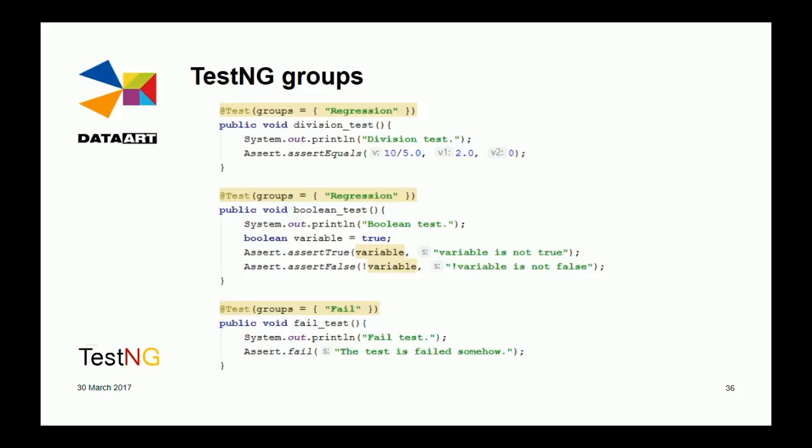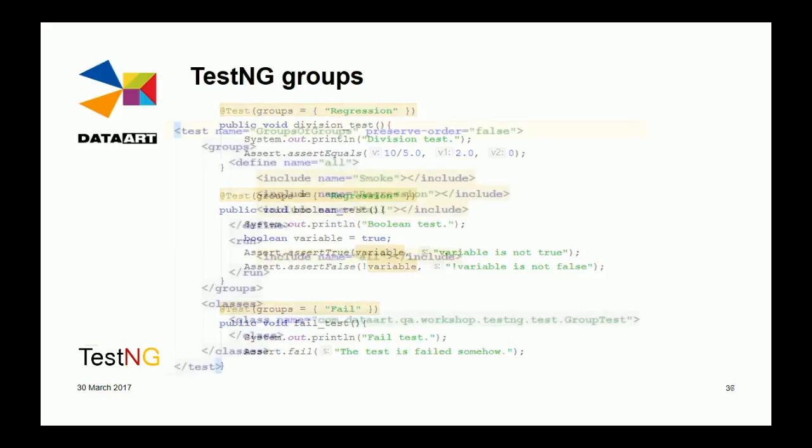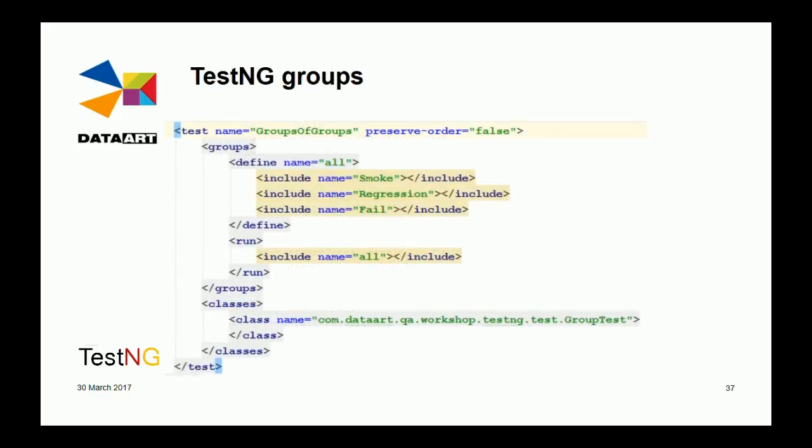You are defining groups in the test. Another possible variant is to define groups of groups. Here you have groups smoke, regression, fail, and here is a group all, where you include all of these groups.